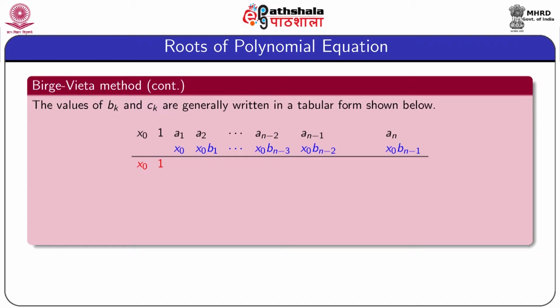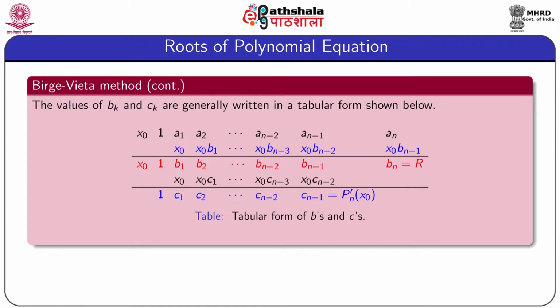The b's obtained from the first approximate value x0: 1 remains unchanged, and the summation of a1 and x0 is b1, and the sum of a2 and x0 b1 is b2. Similarly, b_{n-2} equal to a_{n-2} plus x0 b_{n-3}, b_{n-1} is obtained by summing a_{n-1} and x0 b_{n-2}, and the last term, that means r or bn, is equal to an plus x0 b_{n-1}.